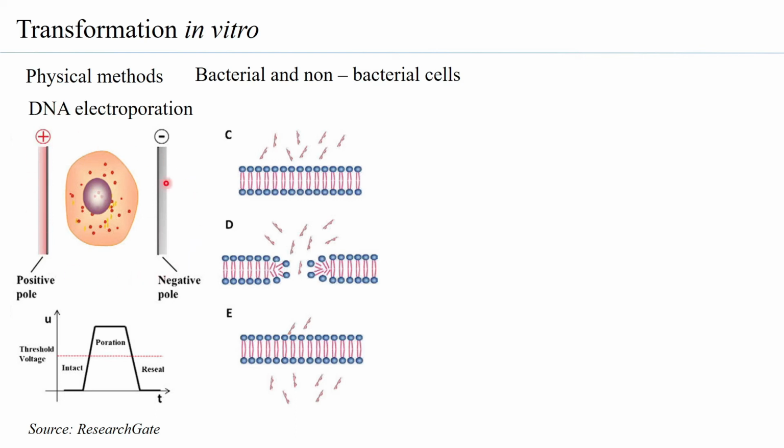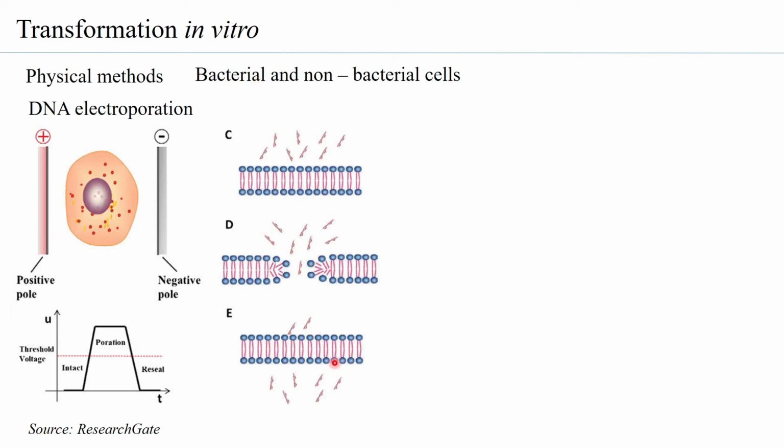And based on that electric field, pulses of the electric field can destabilize the bilipid layer. These pulses, when they destabilize the bilipid layer, make it more porous. And through the pores that are formed, the DNA, which is present in the surrounding, can enter the host cell.